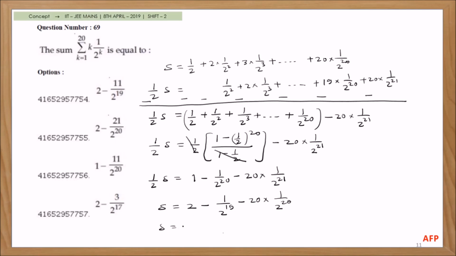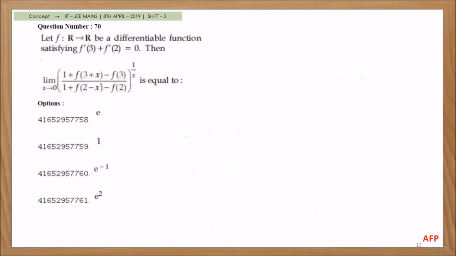So s is equal to 2, and 1 divided by 2 raised to 19, if you take it outside, 1 plus 20 divided by 2, which is nothing but s is equal to 2 minus 1 divided by 2 raised to 19 into 11. You got option 1, it follows.